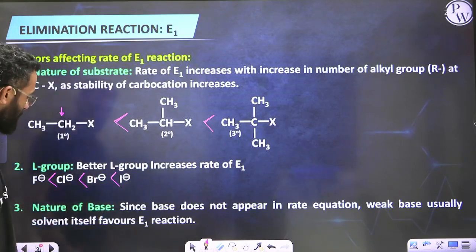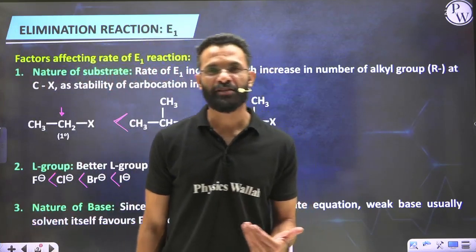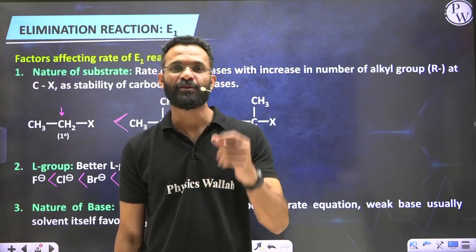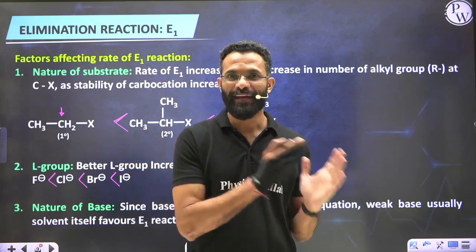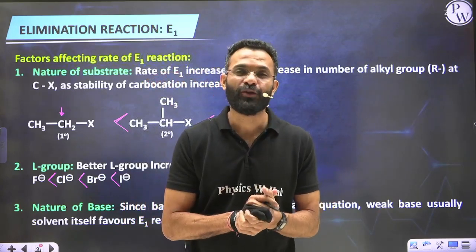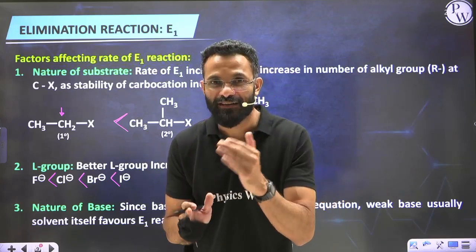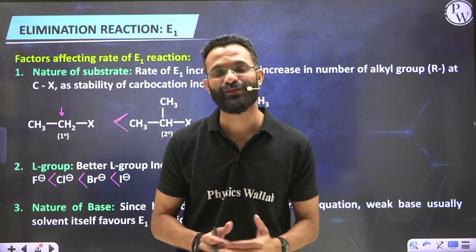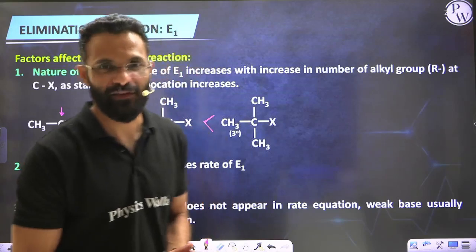Nature of base. What is our rate expression? Rate is directly proportional to molar concentration of only substrate. So base does not have any impact on the rate of reaction, meaning we don't need a stronger base, but a weaker base, meaning generally the solvent itself, which acts like a weaker base, will be required for E1 type of reaction to take place.